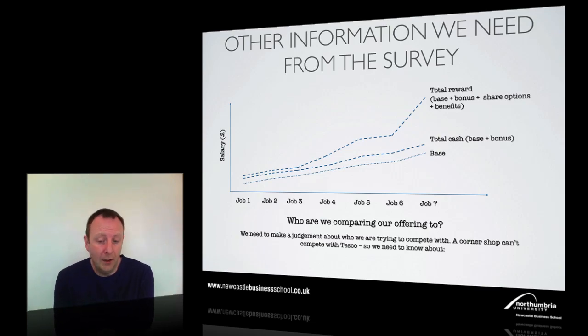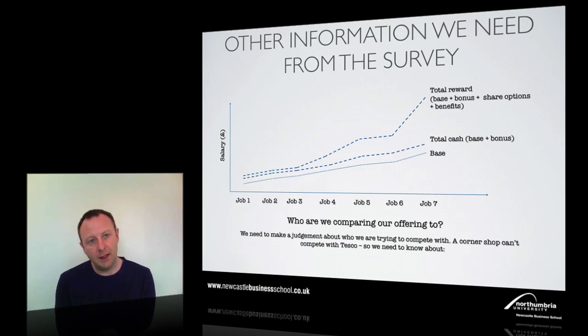So, if we are a small concern, we wouldn't be very wise making our comparison to the market leader, unless we have a very, very aggressive and realistic expansion strategy that we think is going to allow us to compete with those kinds of organisations straight away.